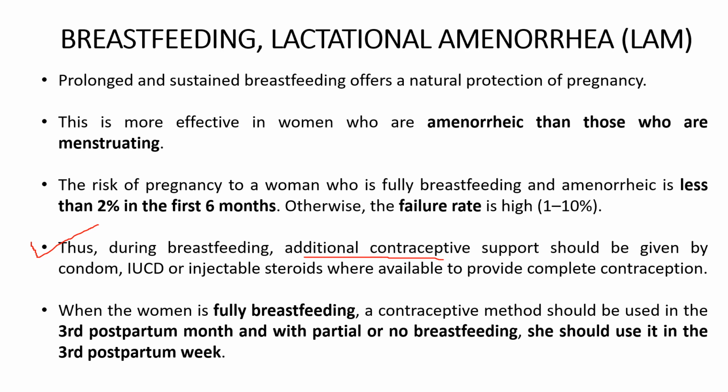When the woman is fully breastfeeding, a contraceptive method should be used in the third postpartum month. And with partial or no breastfeeding, she should use it in the third postpartum week. So after delivery, from the third week onwards, if the mother is not breastfeeding or is only partially feeding, she should start using contraception.